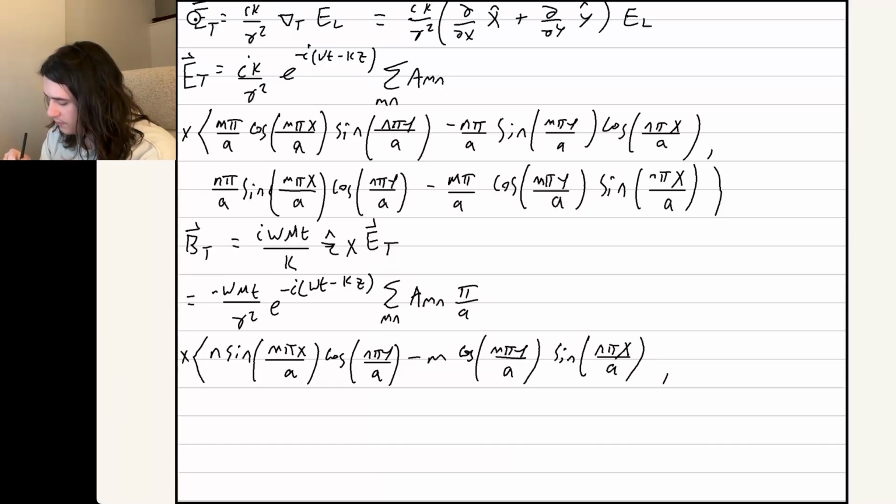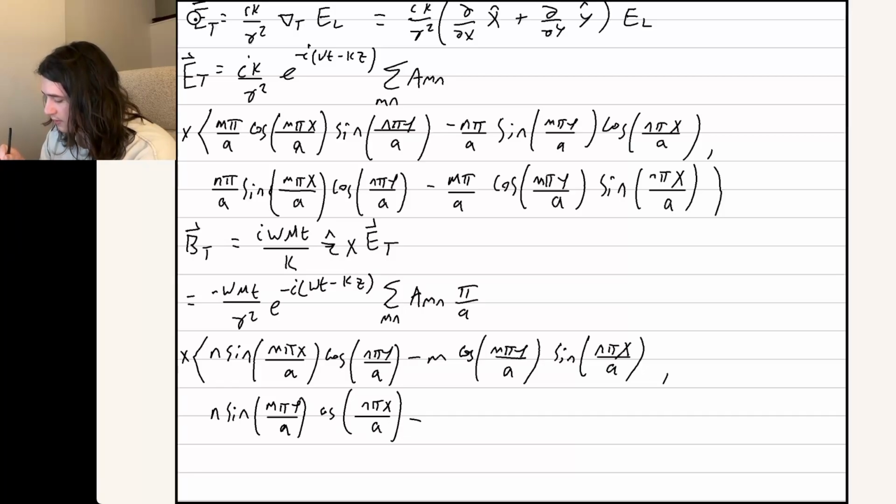That's the x component. Then the y component is going to be minus the x component from before. So now it's just n sine m pi y over a cosine n pi x over a, minus m cosine m pi x over a sine n pi y over a.